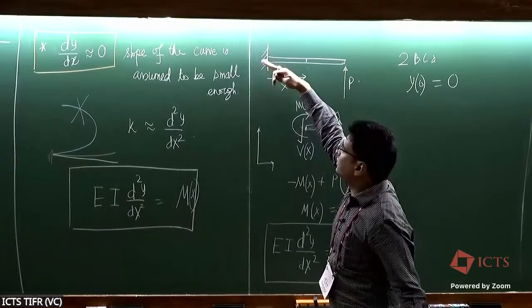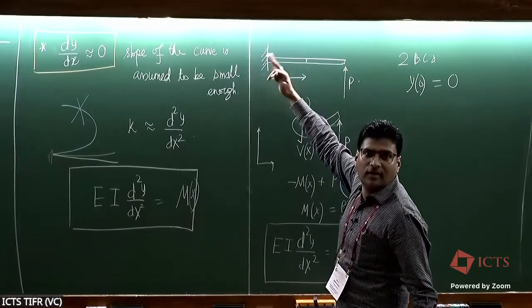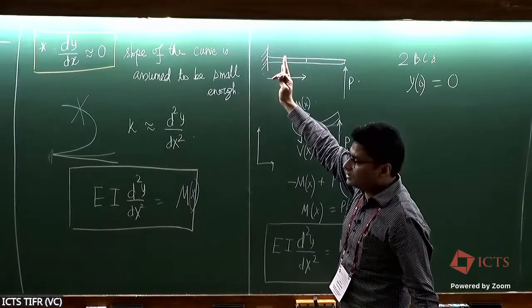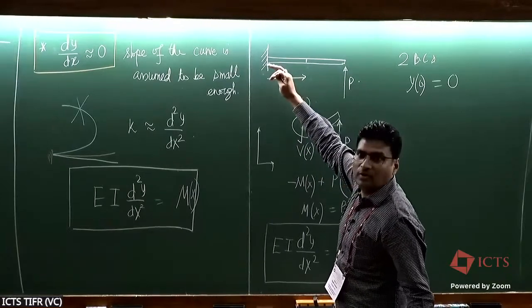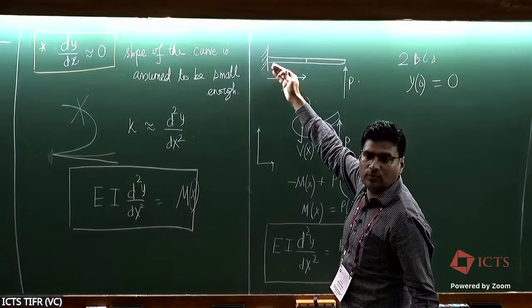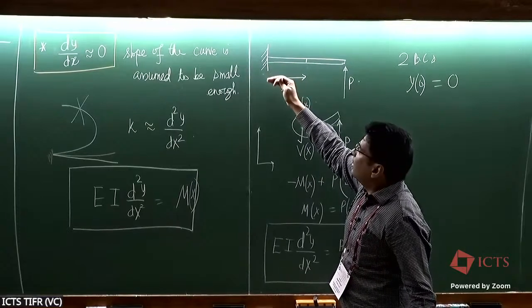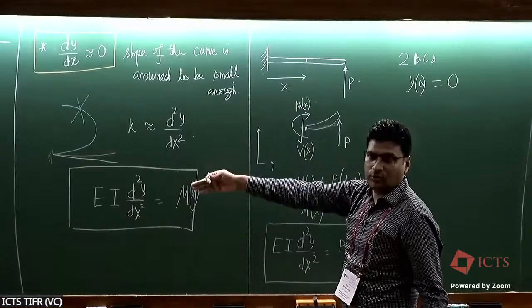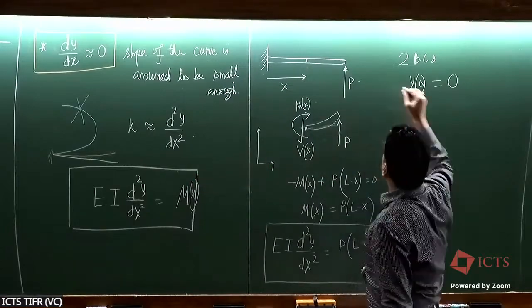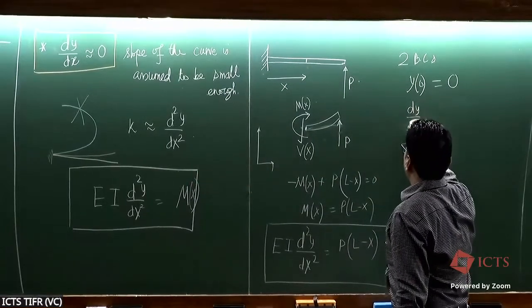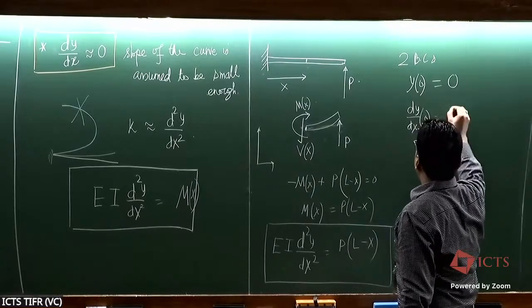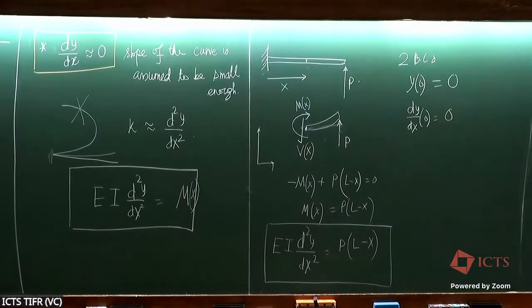The cross-section cannot rotate. And the rotation of cross-section is given here by the slope. The cross-section normal and slope are the same in this theory, which also implies that dy by dx is equal to 0. Okay, you plug them in, and you'll get your deflection.